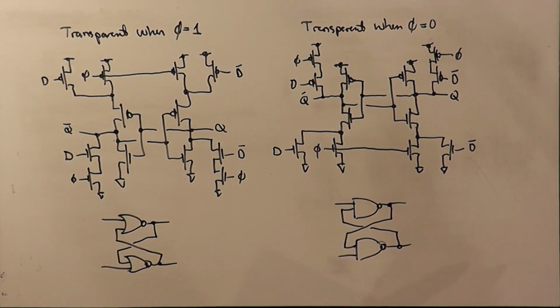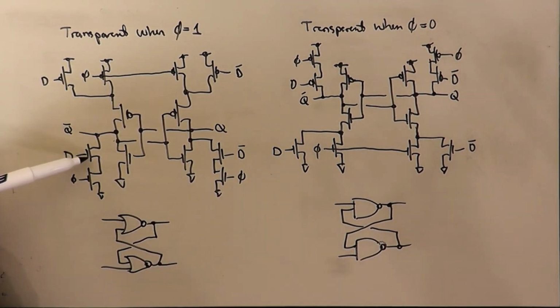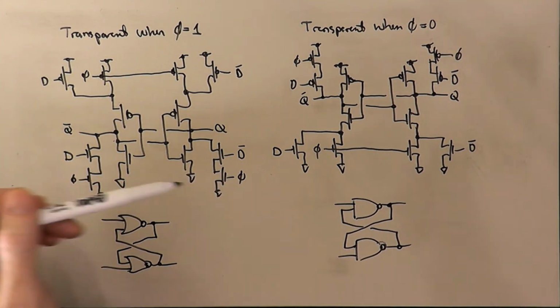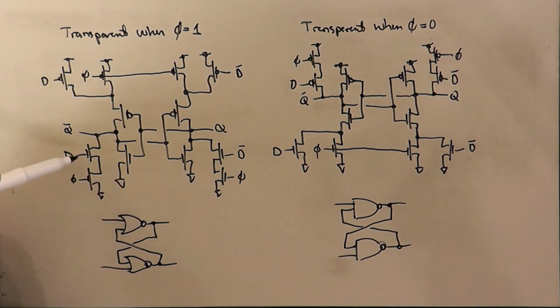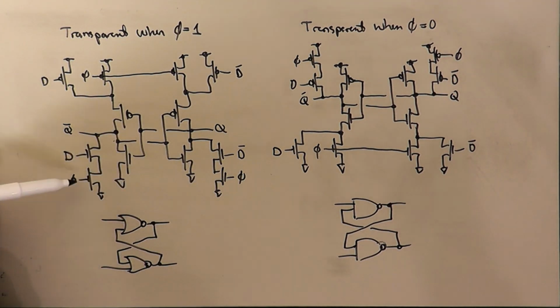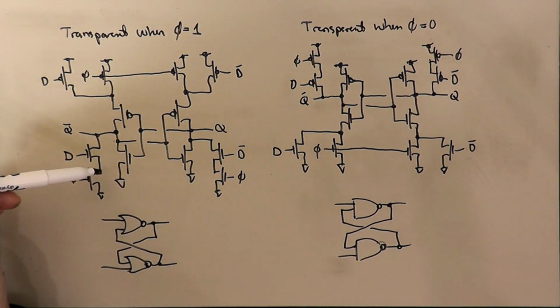And you can convince yourself of that because here D and D bar are in series with the clock down here in the pull-down. And so these transistors allow D and D bar to affect the outputs of the latch when phi is high, and these N transistors are on.